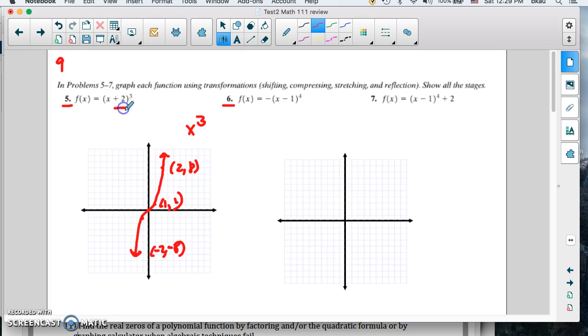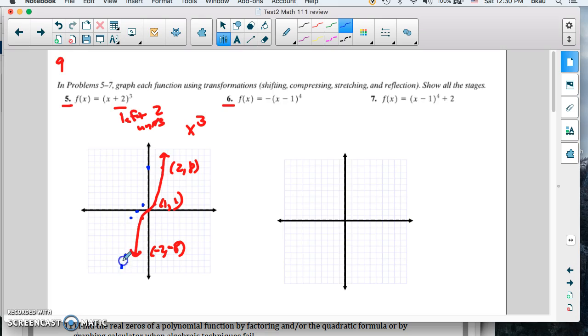This is just going to shift it to the left 2 units. So we're going to take this function and move it to the left 2. So it's going to go here, here, and here for these points, and then the other points are also going to do the same thing, to the left 2, to the left 2.